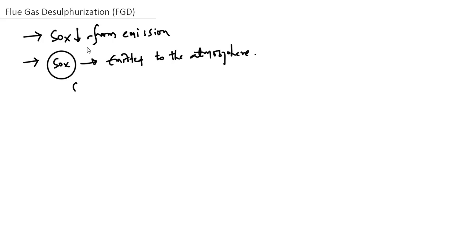These SOx compounds react with water vapor present in the atmosphere to form acids such as H2SO4. This acid in the atmosphere results in the formation of acid rains.